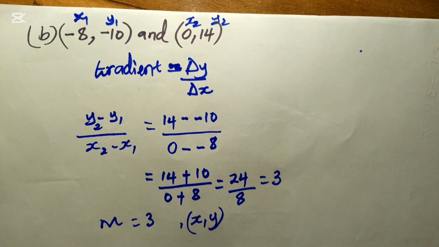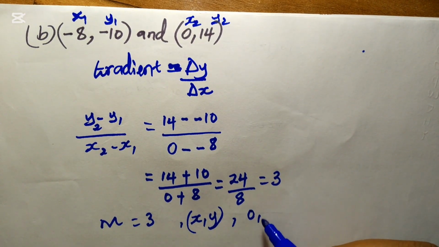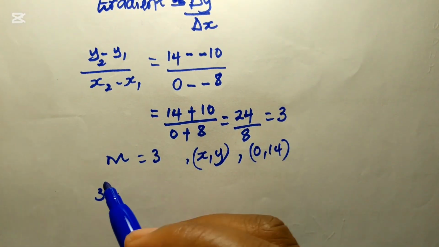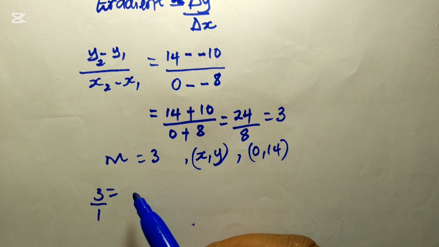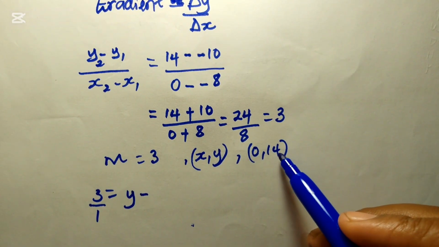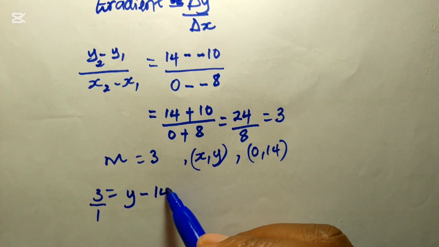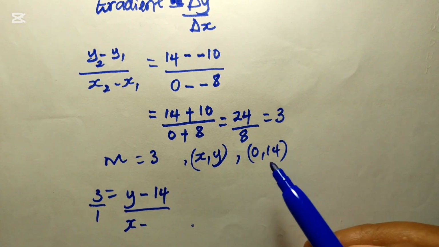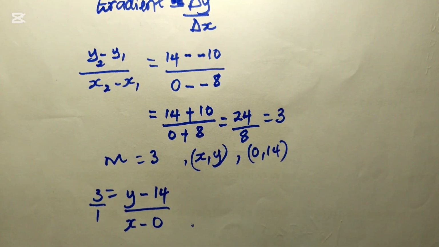In this case, you can choose to avoid the negatives and choose the point with positive integers. The gradient 3, which can be written as 3 over 1, is equal to the change in y, which is y minus 14, over x minus 0.